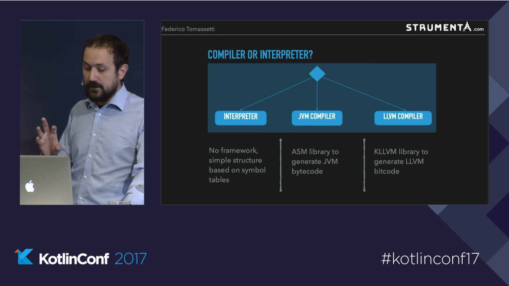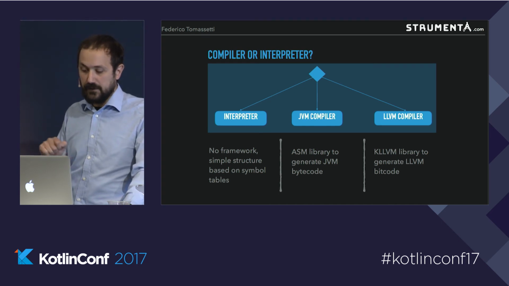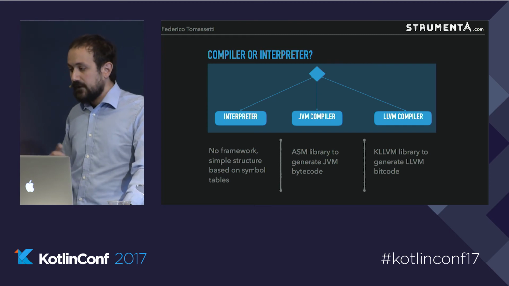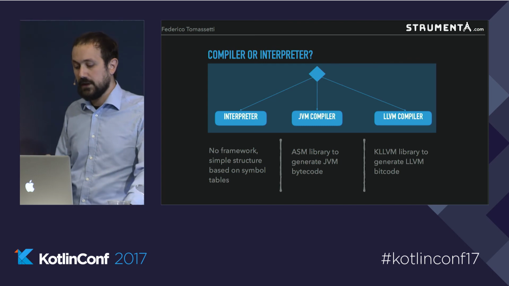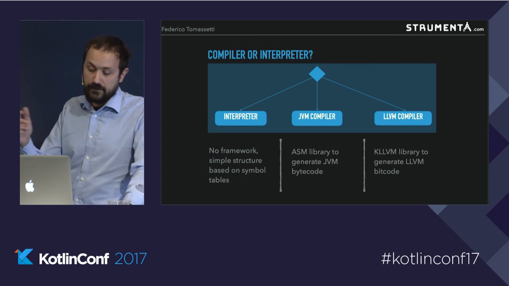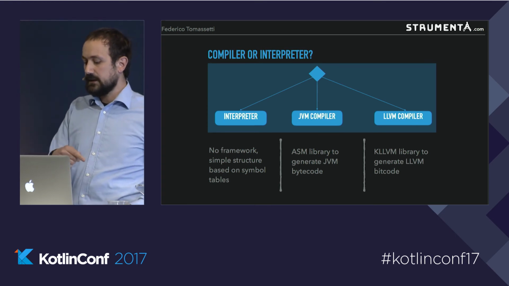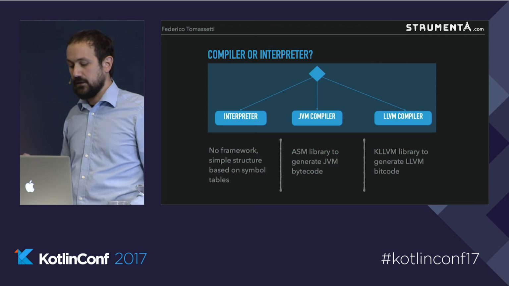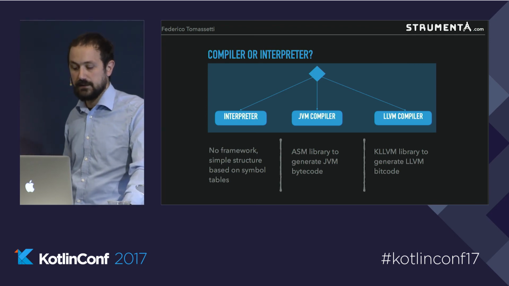The thing that I found hardest is writing a compiler for the LLVM. And I found, at least for me, the Java binding is very complicated. So what I've done is write a simple library called KLLVM that I use just to generate the textual representation of bitcode. And then I use a tool from the LLVM to compile it and obtain native executables.